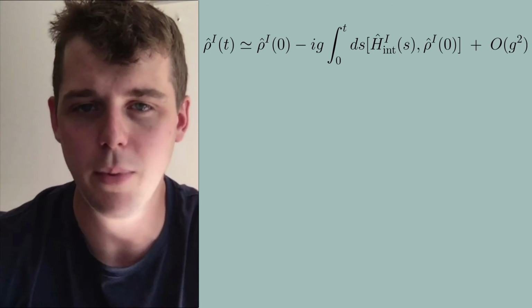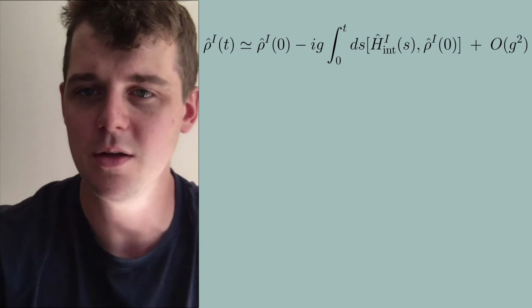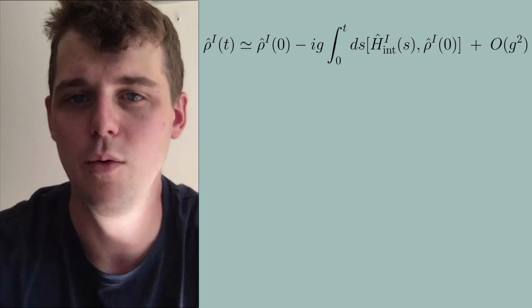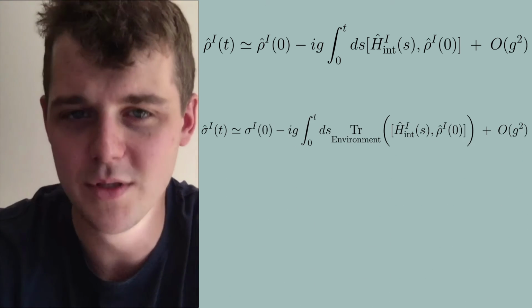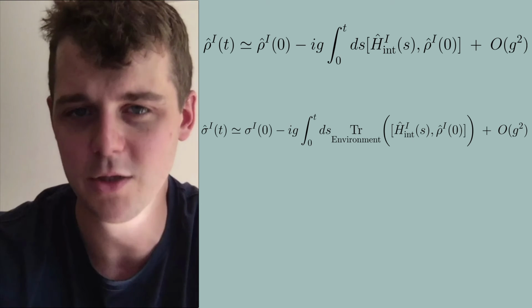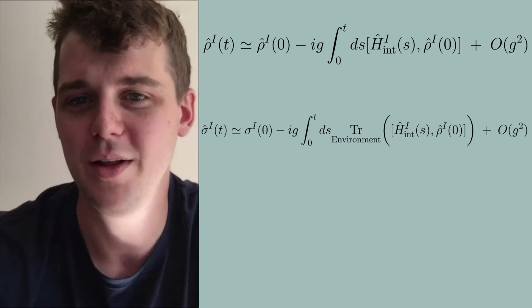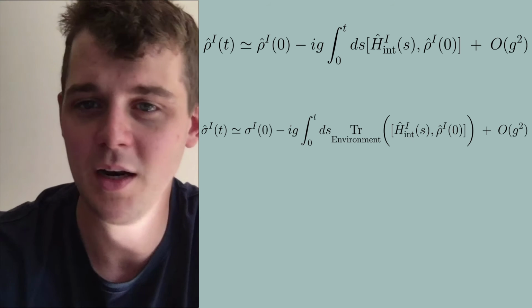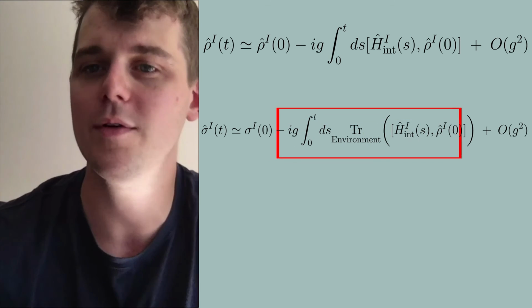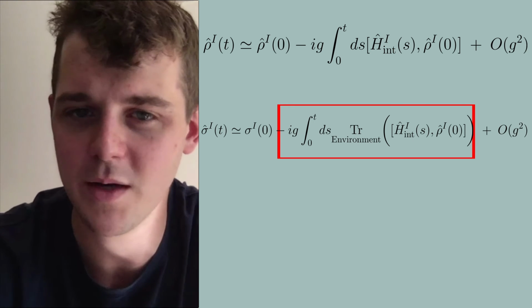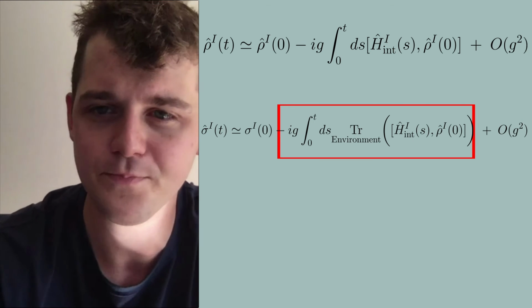So we're just going to partial trace both sides of this equation, the Dyson series. And we find that the reduced density matrix is approximately equal to its initial state plus minus iG, and then an integral over a partial trace over the same commutator as we had in the Dyson series at leading order.